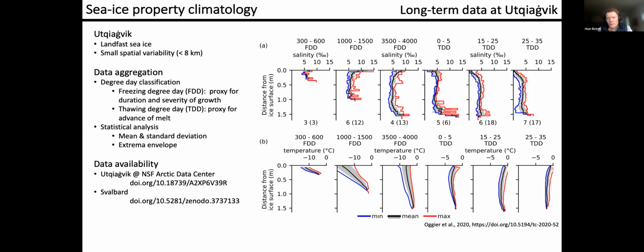So this provides a framework both in terms of looking at different stages of the ice growth season, represented here through freezing degree day stages, early in the season at the left, 300 to 600 freezing degree days, and then transitioning over into thawing season or thawing degree days. And shown here are just examples of the climatology, if you will, of sea ice salinity as one example, and temperature at the bottom. So this data is available now and is being built further out.